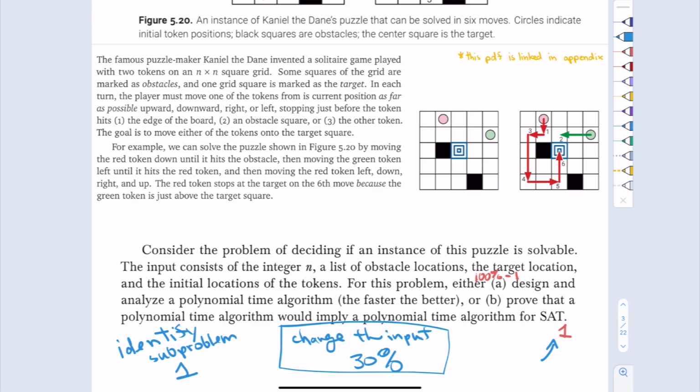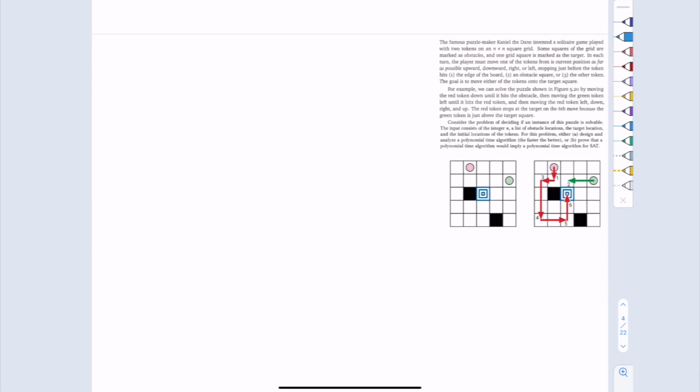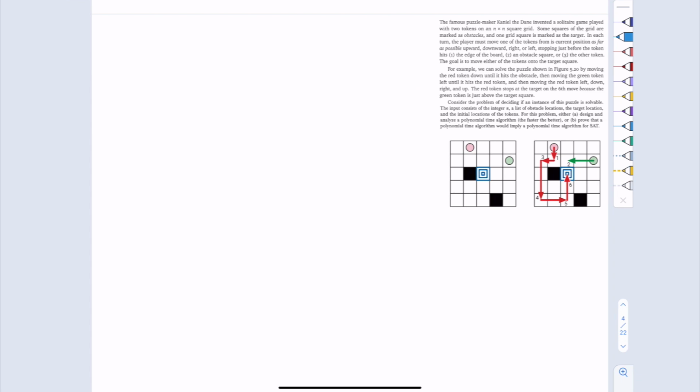Okay, so you need to construct a graph, basically, where there are n to the fourth vertices, essentially, but you're just using the cross product of all the potential spaces on each graph. And that's how you're going to create this giant n to the fourth vertices graph. And you're only going to put an edge between two vertices if there's a valid move. So, for example, there's only a certain amount of spaces that the red token can slide to in a given state.